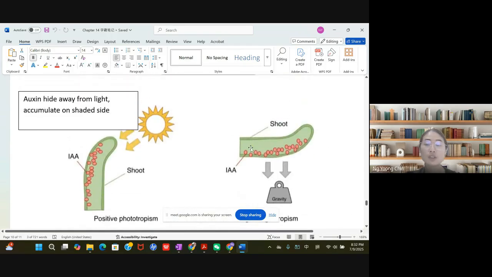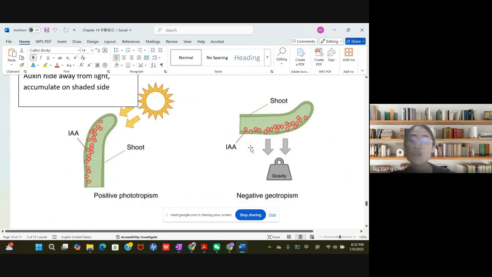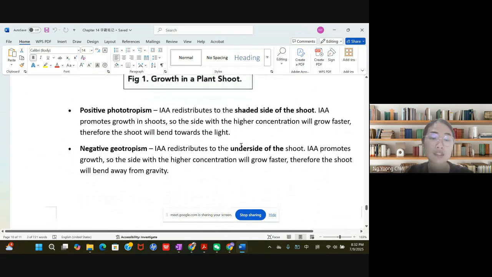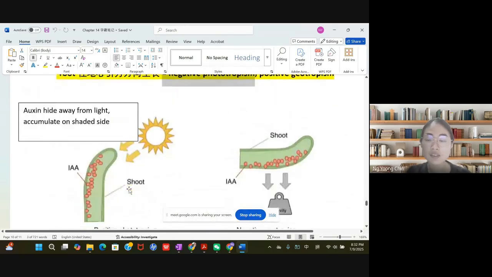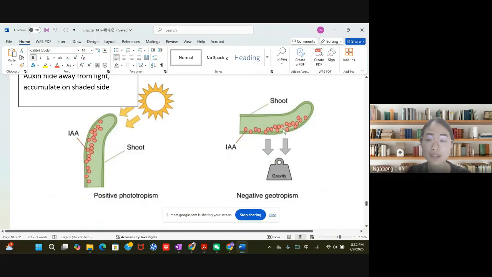Then how about the shoot? Okay, shoot, they will show the negative geotropism because the auxins will redistribute to the underside of the shoot. So the auxins will promote the growth. So the side with the higher concentration will grow faster. So the shoot will bend away from the gravity. So what happens to the shoot will be like this.